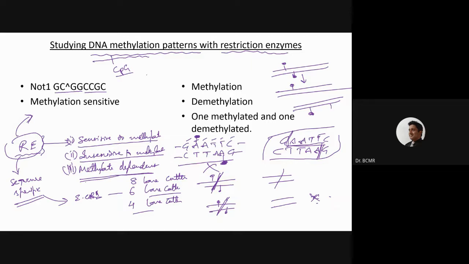In that case, we should choose restriction endonucleases which have a lot of CG or GC. If you look at NotI, the whole recognition sequence is GCGGCCGC. You're finding a lot of CG in it. That means it is likely to fall within the regions where DNA methylation or epigenetic methylation is happening.